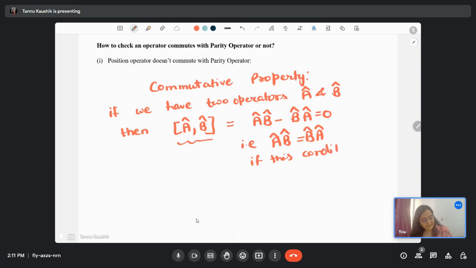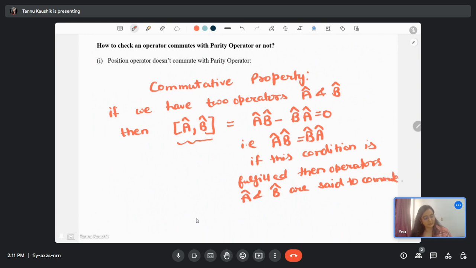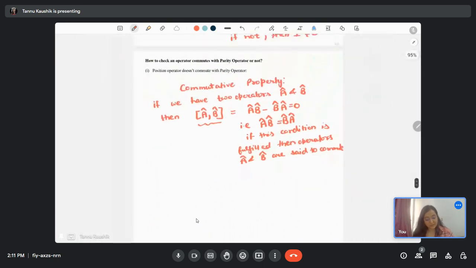That is, AB equals BA. So if this condition is fulfilled, then operators A and B are said to commute.